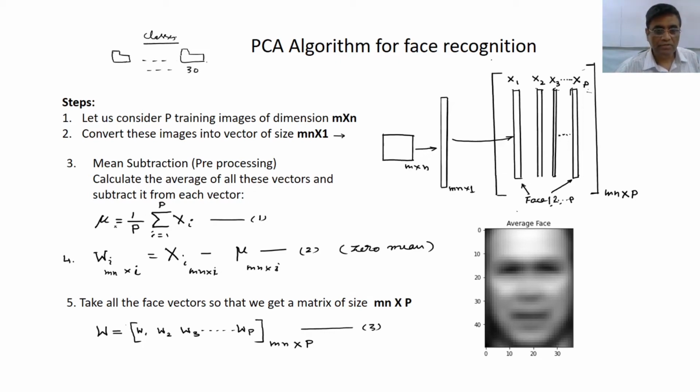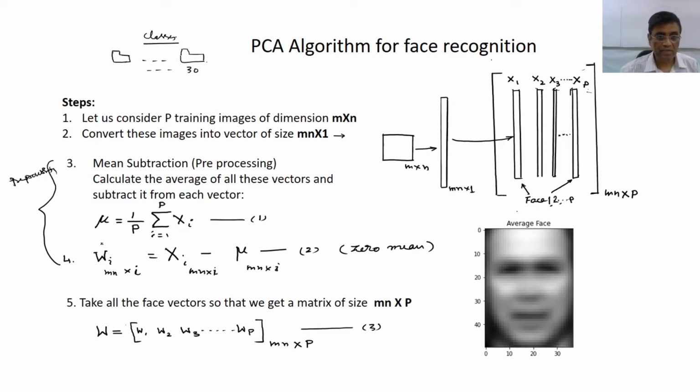So this is the mean we have calculated for P faces, and then this is my zero mean. This is pre-processing of the data, which is very, very important. You are subtracting the mean, making it zero mean.